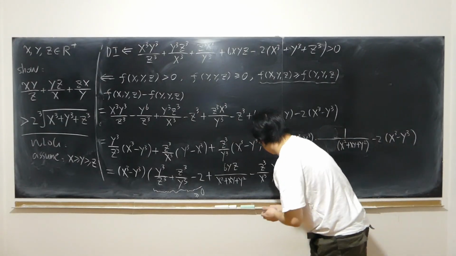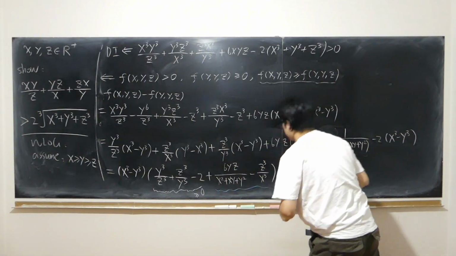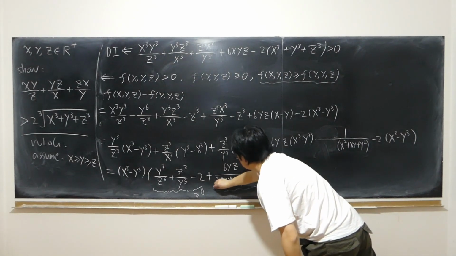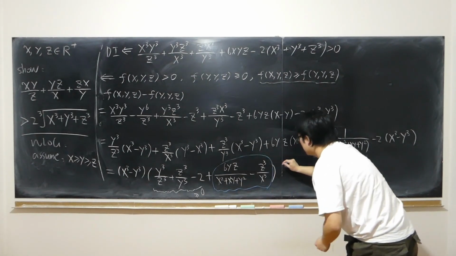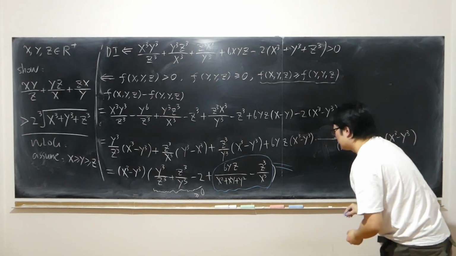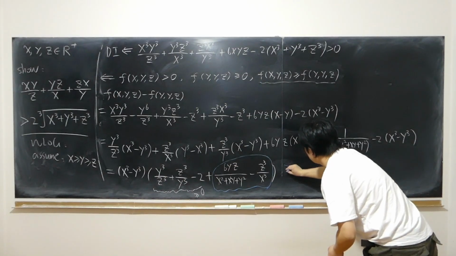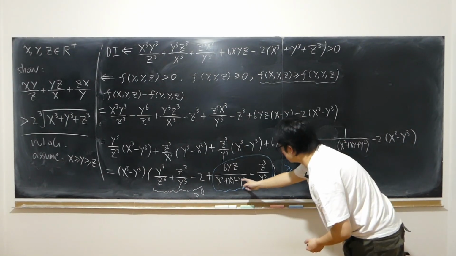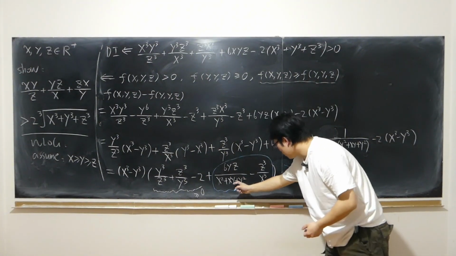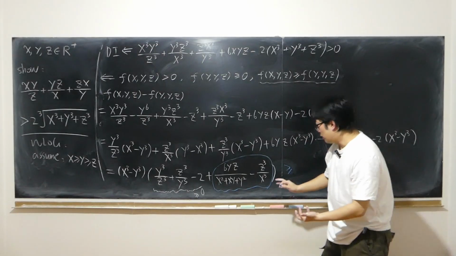What about those two terms? This blue thing is greater than or equal to, if I replace y with x, this time I want to loosen it. I want to make it smaller. How do I make it smaller?